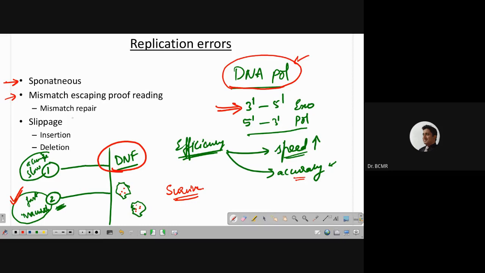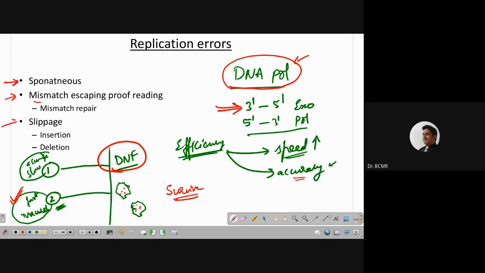So bacteria and all organisms have developed a separate repair mechanism, called mismatch repair, that follows along with the DNA polymerization or replication, and corrects any mistakes that are there. We will study this in detail in this lesson.